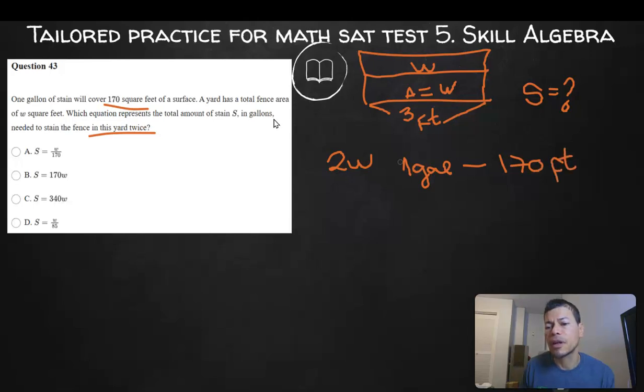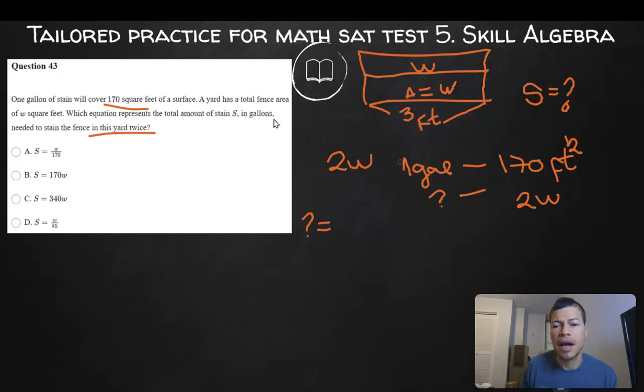To cover 2W, which is my area here in the problem, how many gallons do I need? So we need to solve for the question mark. This is a rule of 3 or proportionality rule in which I put what I'm trying to find out.